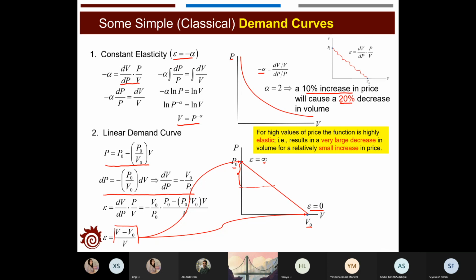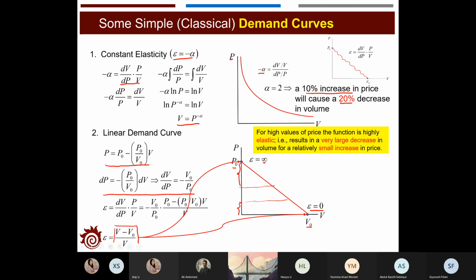And if we go to the very small value of the price, in this region, then a smaller percentage change in the price will also result in smaller changes in the volume. So those are the features of the linear demand curve.